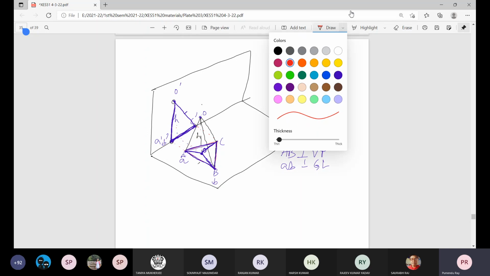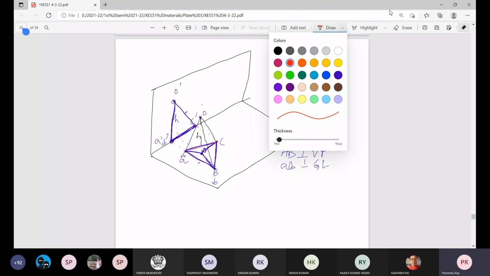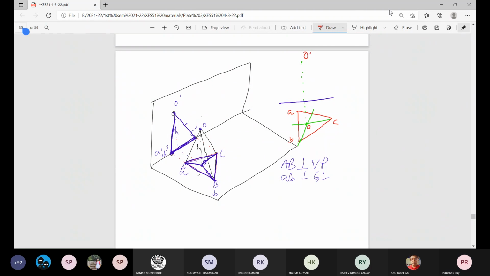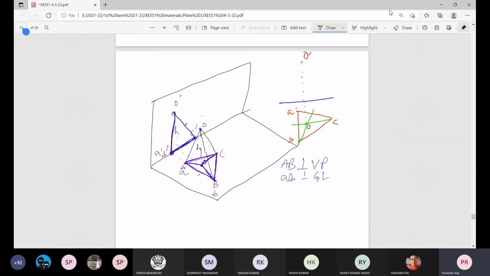Vertically above this, you project it, and there will be the elevation of this topmost point. Next thing, for the plan of A and B, it is here.